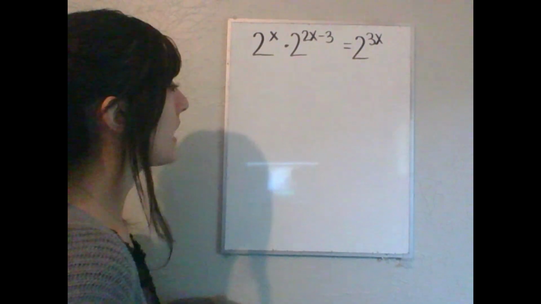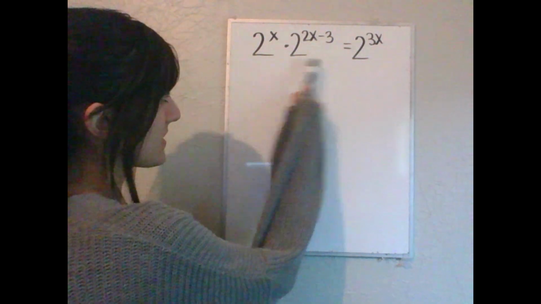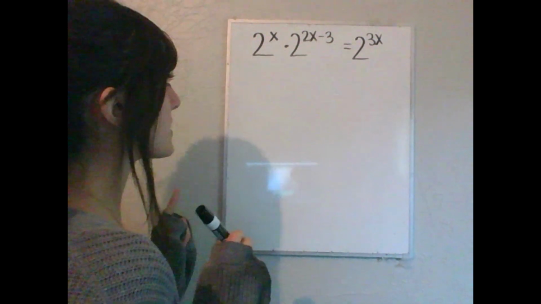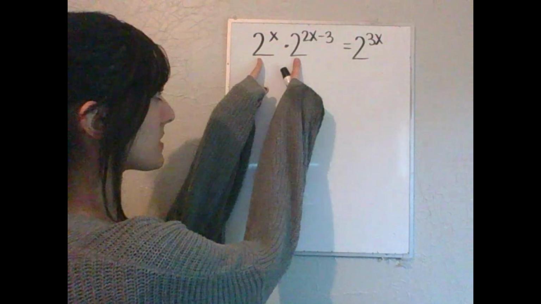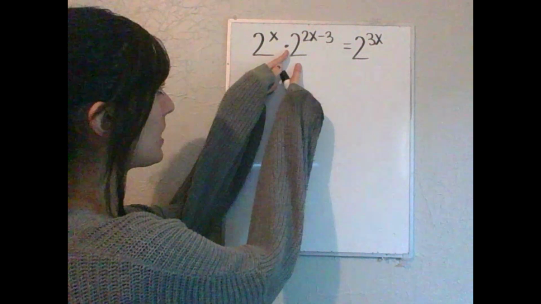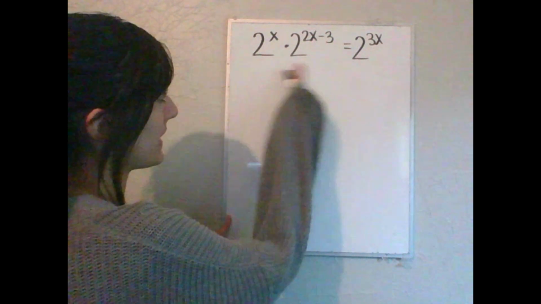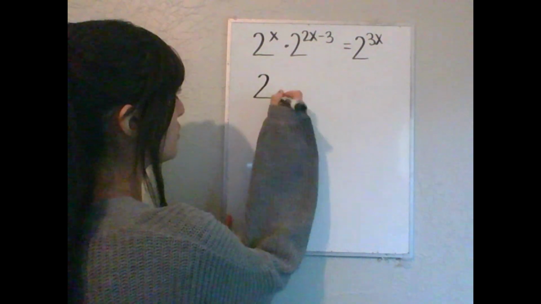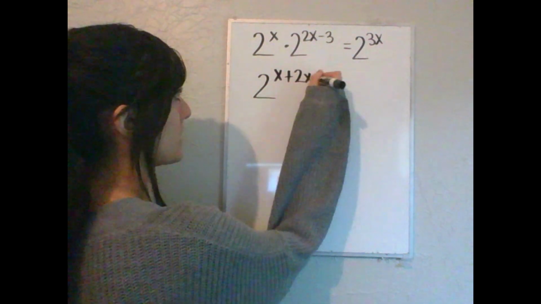In this example, I can see that I need to simplify this side of the equation. Our properties of exponents tell us if I have two numbers of the same base being multiplied together, I just need to add the exponents. So I'm going to rewrite this as one term. It's going to be 2 to the x plus 2x minus 3.